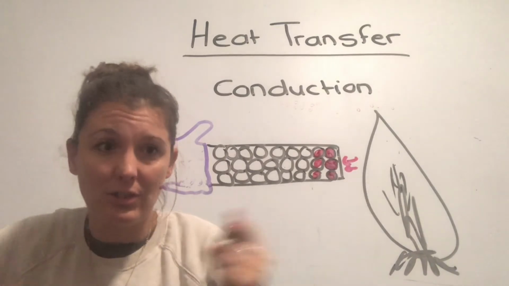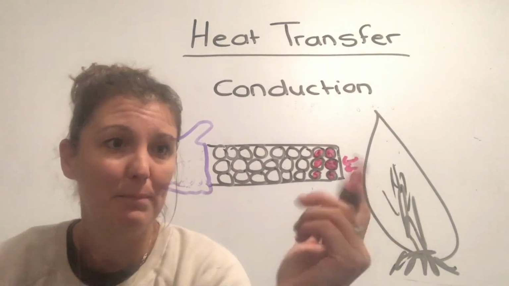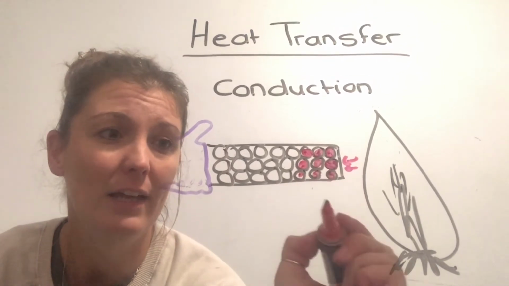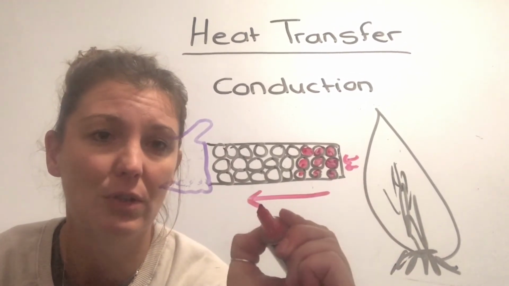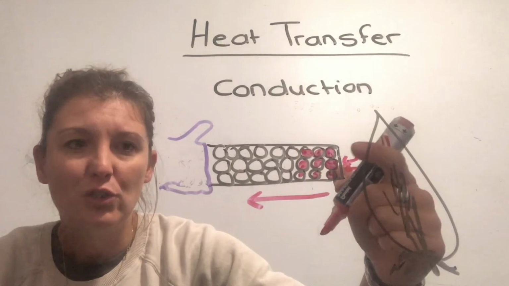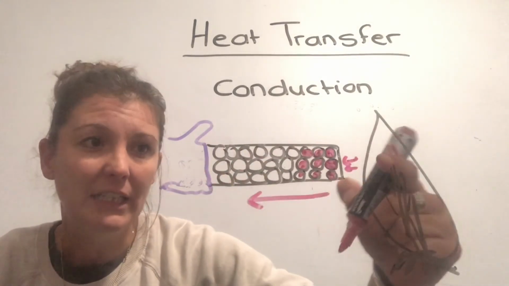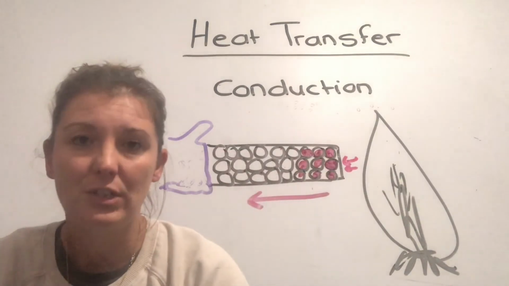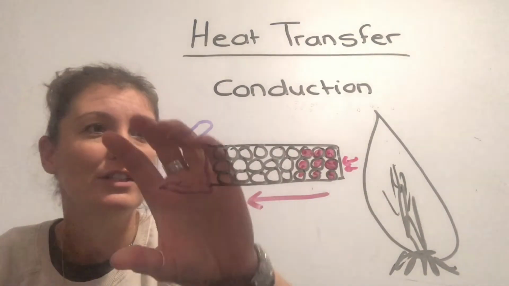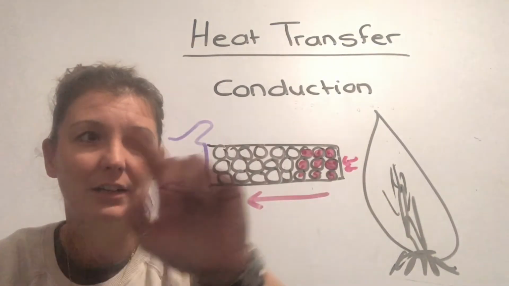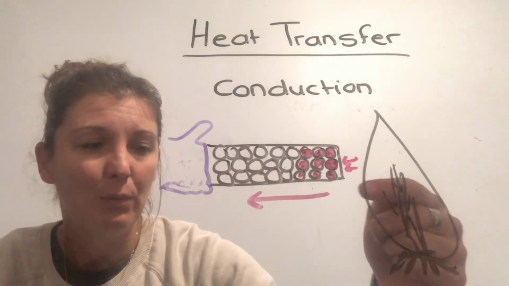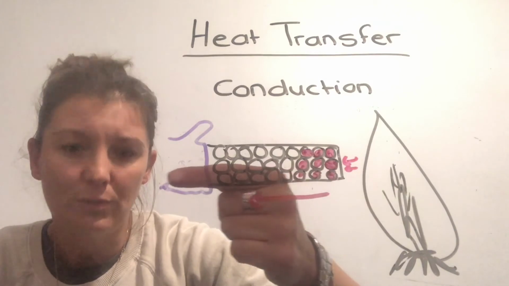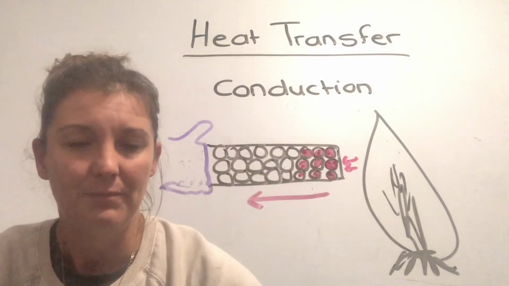Then that particle starts moving and bumps into the next, and the energy gets passed on. Over some time, the energy is transferred in the form of heat from the particles at the very end all the way down into your hand. This is called conduction: when energy travels through a solid all the way until it reaches your hand.